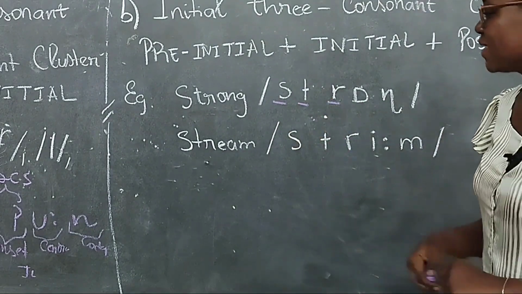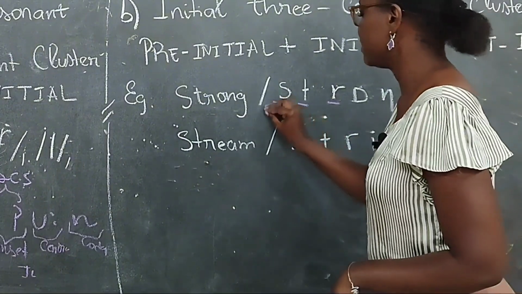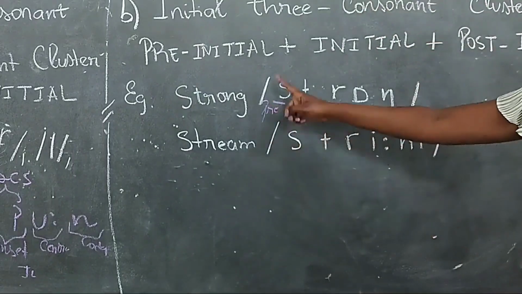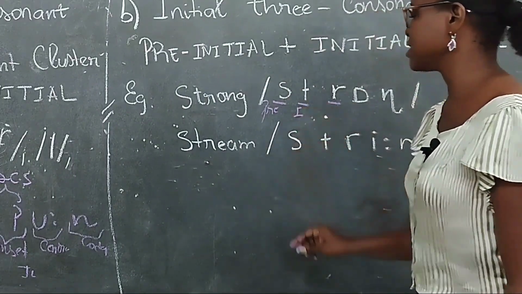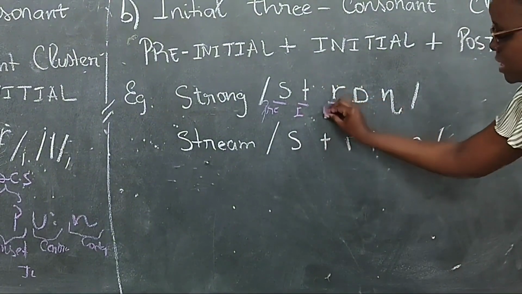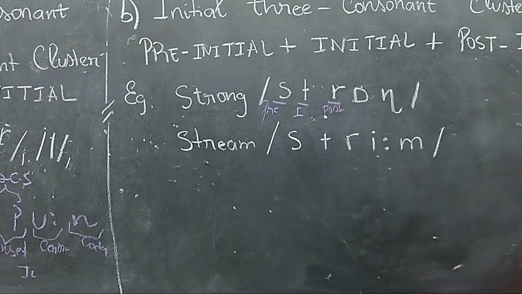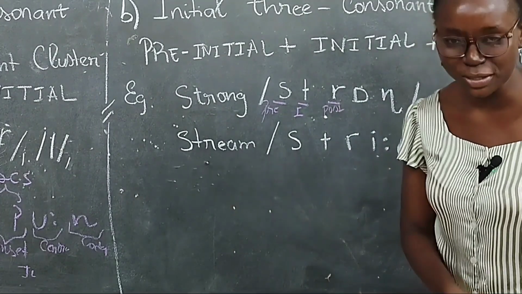Yes, we've said that when it happens, this one is considered the pre-initial, great, and then what comes after it is considered the initial consonant. And what comes after it is considered what? The post-initial consonant. Easy.